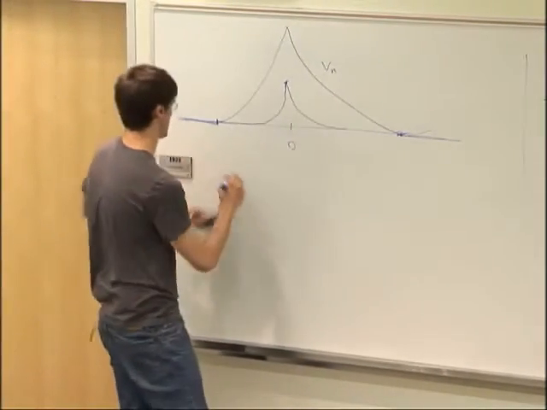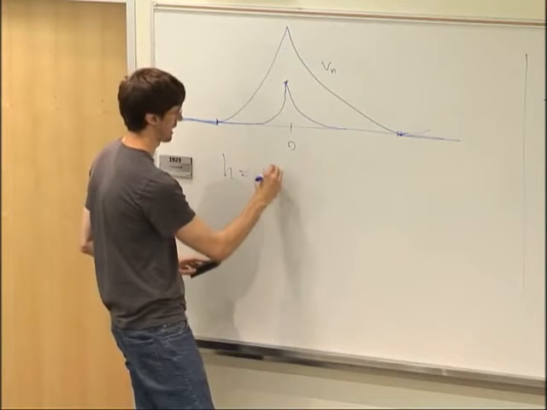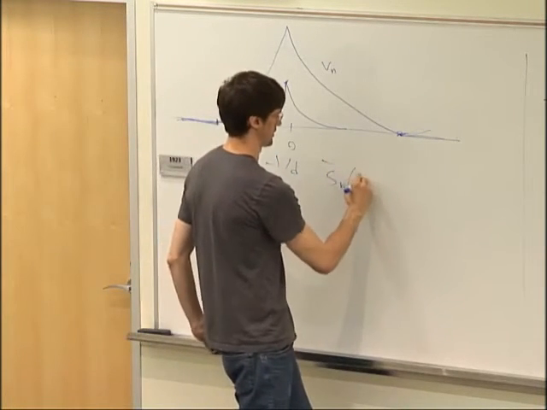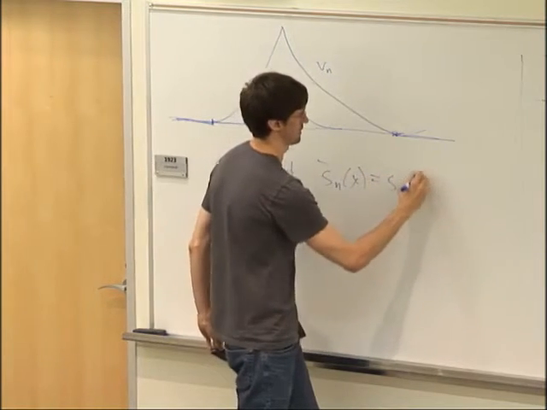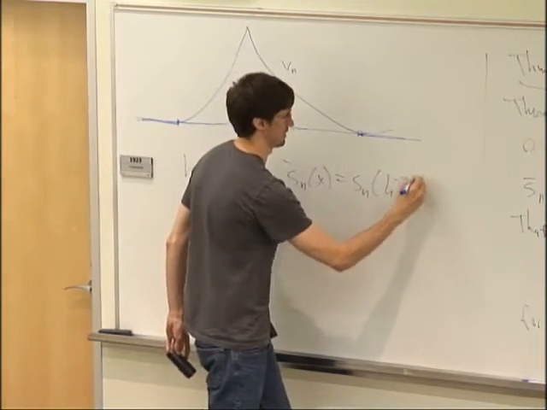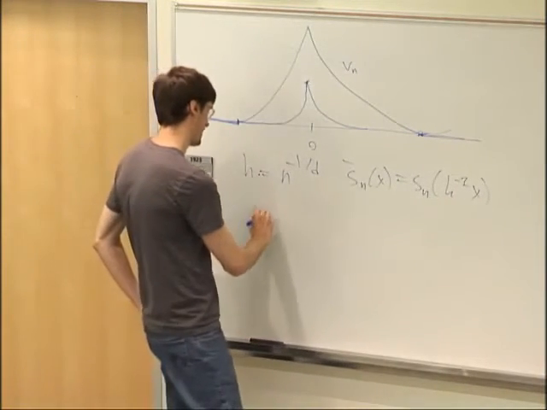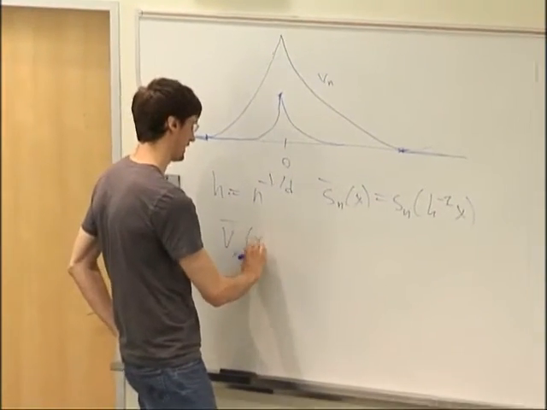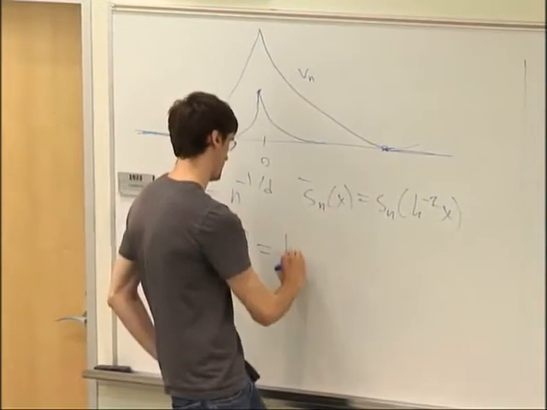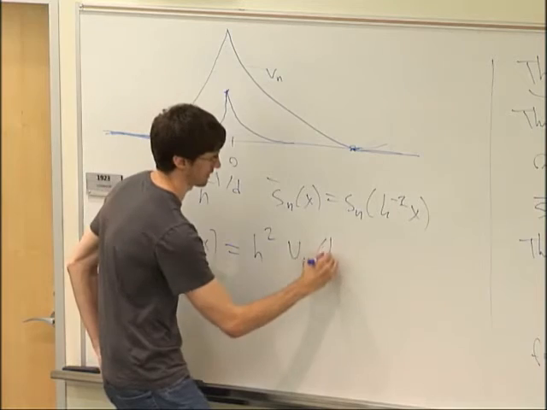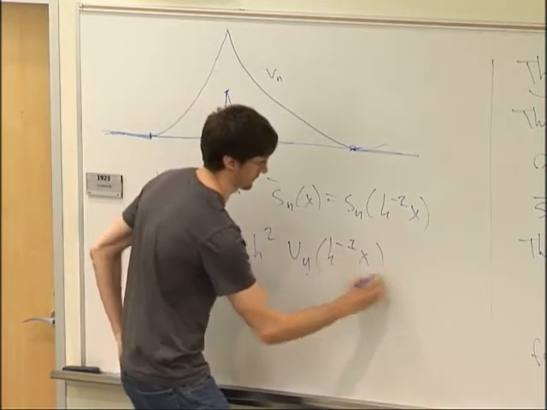If you remember, we had h being n to the minus 1 over d, Sn bar is Sn at h inverse x, and then the natural rescaling for the odometer function looks like this: h squared Vn at h inverse x.